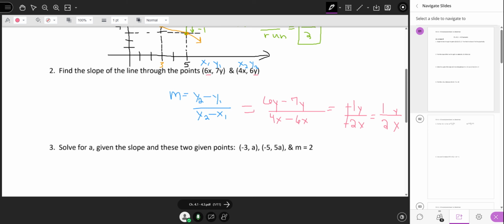Do the same thing here. x1, y1, x2, y2, and that tells you that your m is 2.